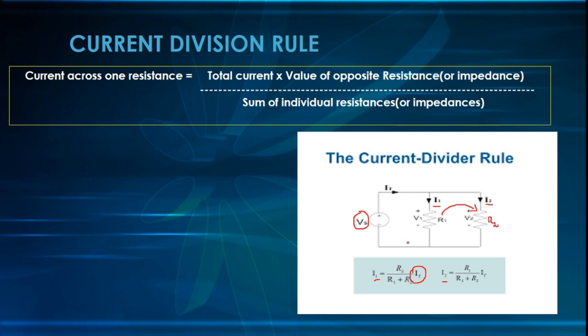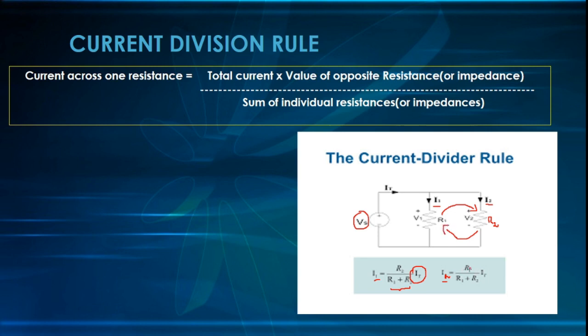It is R2. So it is IT times R2, the opposite resistance, divided by the sum of the resistances, R1 plus R2. Similarly, the current through the second branch, I2, is equal to the total current IT times, for this, the opposite resistance R1.